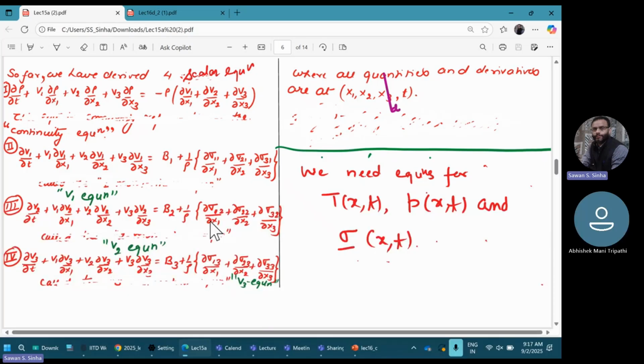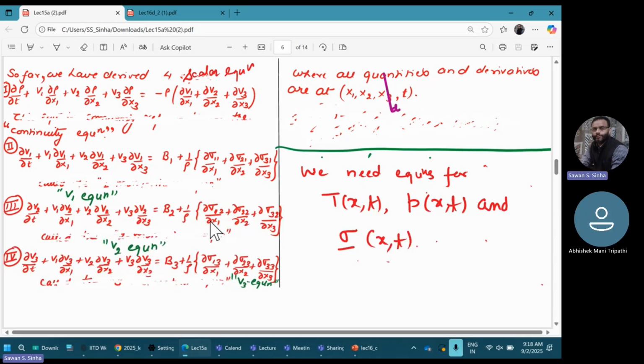fluid mechanics. If you get an equation which on the left hand side has this form, if you get any equation in this form, you call this the transport equation of psi.